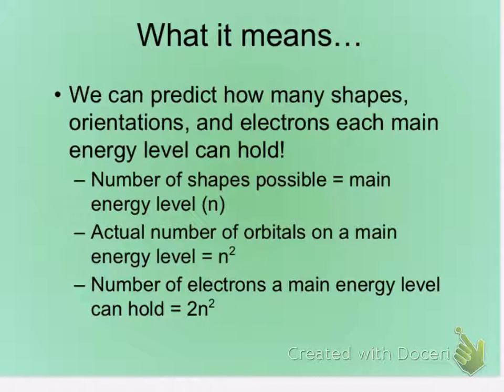How many electrons can any one orbital hold? 2. So the number of electrons on an energy level is equal to 2 times the number of orbitals. The number of orbitals is equal to n squared. So if we look at the third main energy level, n equals 3.